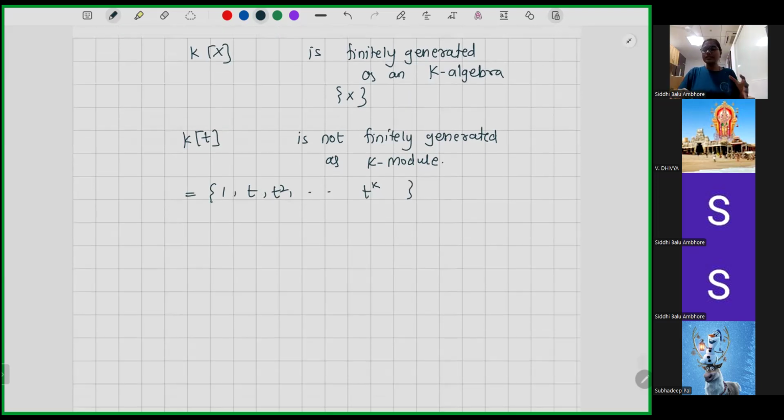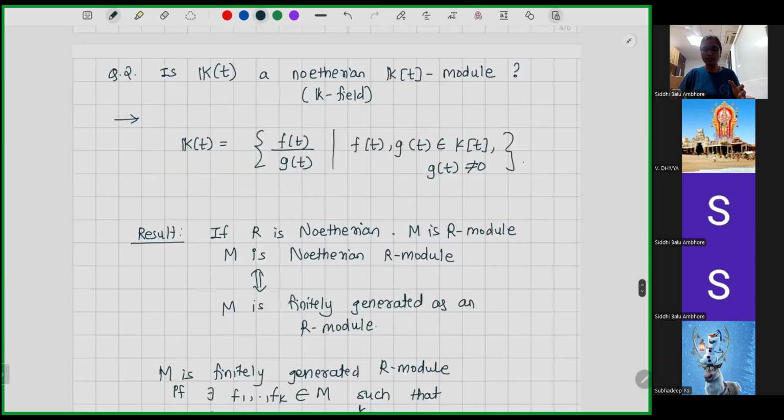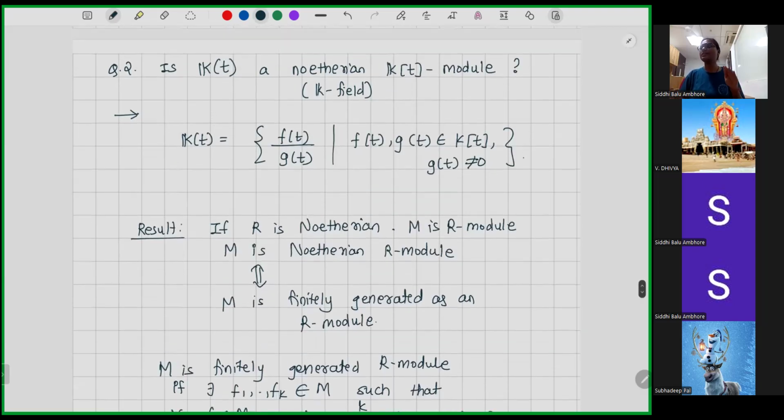So when we say something is generated as an algebra, in most cases it needs a lesser number of generators compared to when we say something is finitely generated as a module. We already saw that it is not even finitely generated as an algebra, so this cannot be finitely generated as a KT module. Understandable what I'm trying to say?